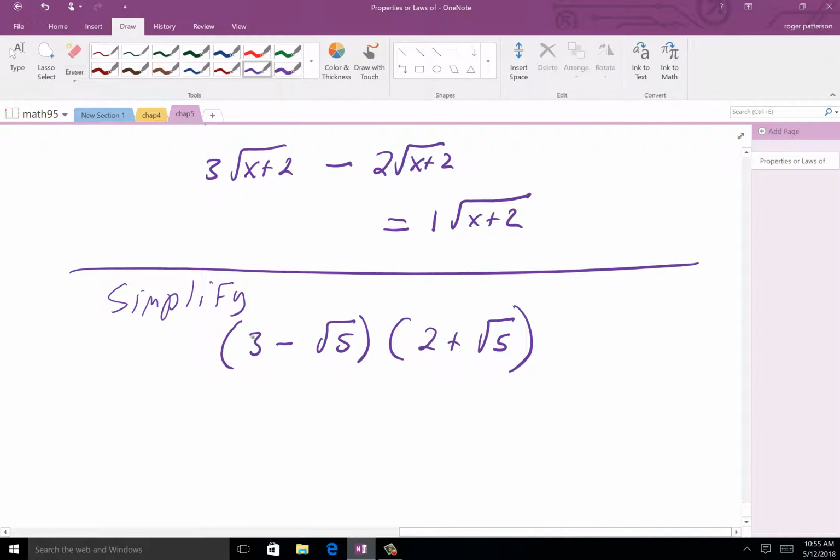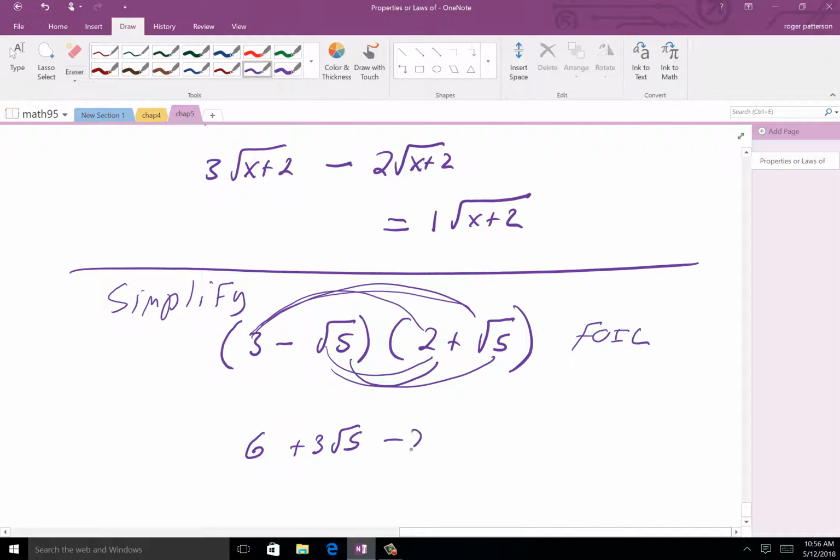All right, so what we're going to do here is FOIL this. Which probably makes sense to you because that's when you have double parentheses, that's what you do. So we FOIL. 3 times 2, that's 6. 3 here. 2 there. And multiply the inside.